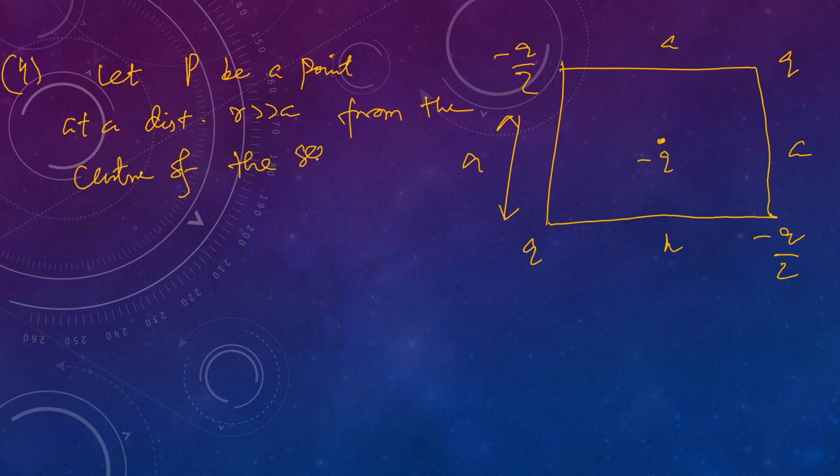Then the value of V of 2R divided by V of R is how much?